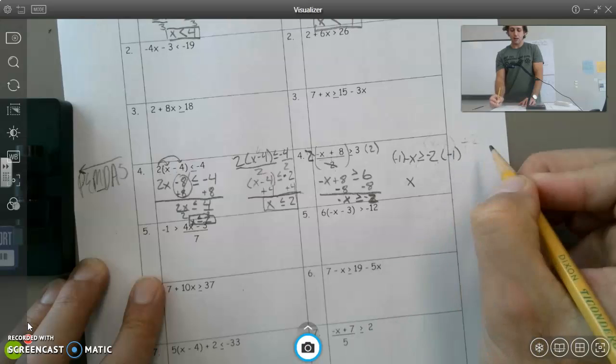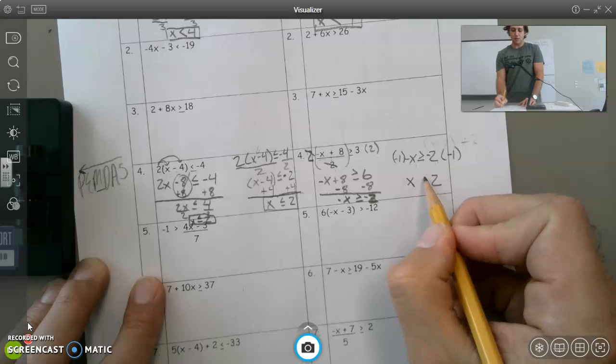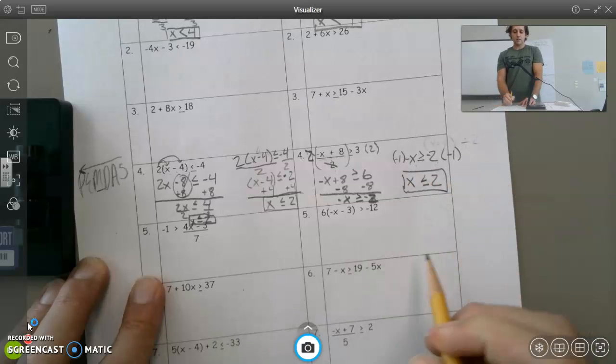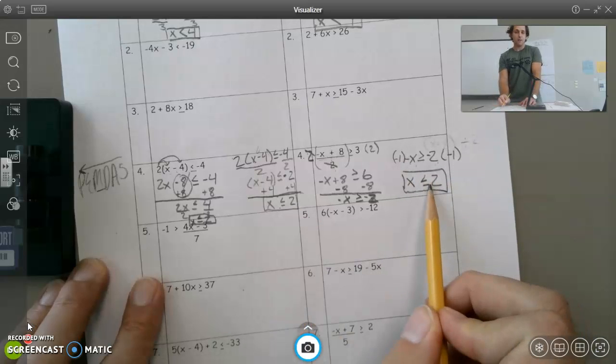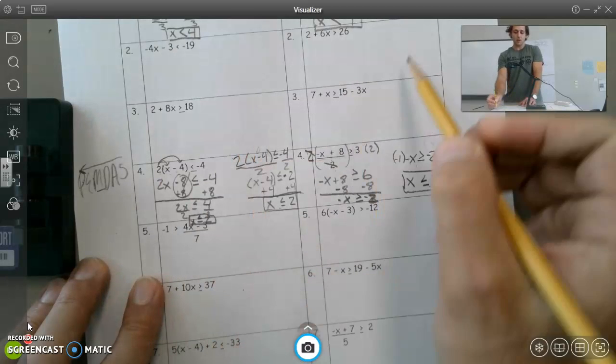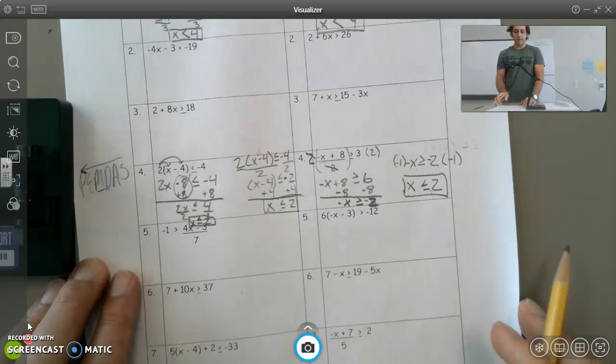Multiply this side by negative 1, I'm going to get a positive 2. And because I multiply by a negative, the sign flips. x is less than or equal to 2. So as you can see, when we check, we have the same answer for Coach A, number 4, and Coach B, number 4. So they should be the same.